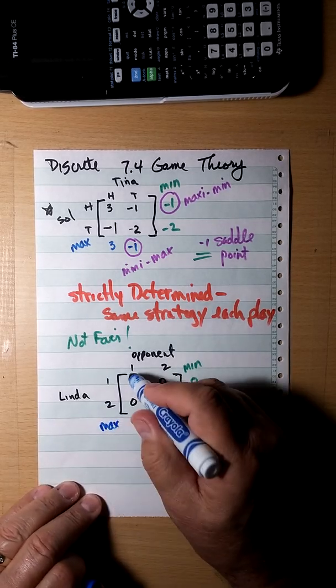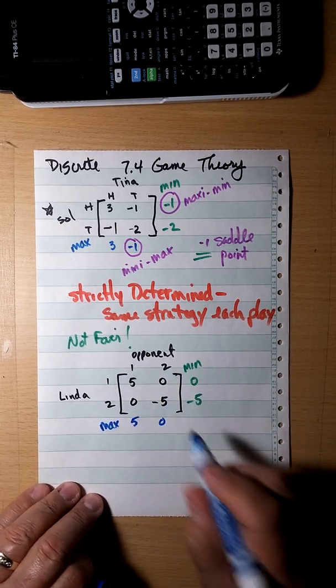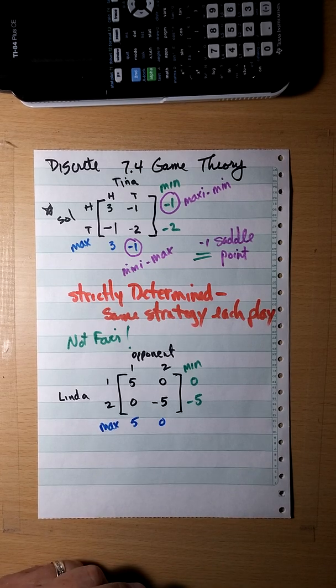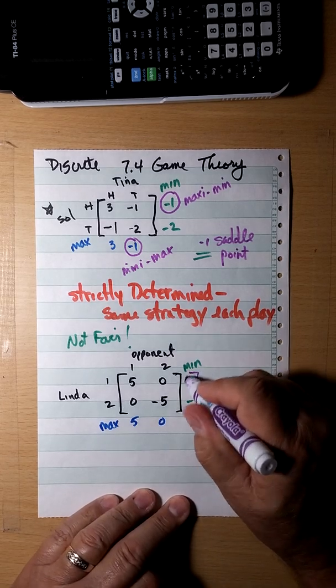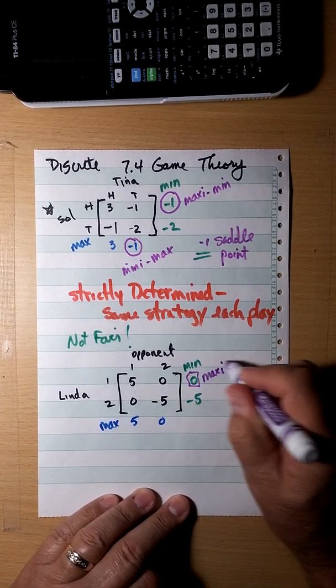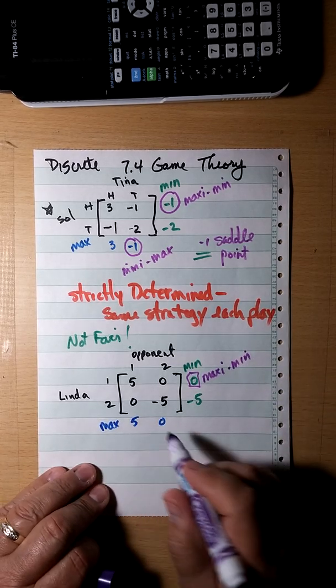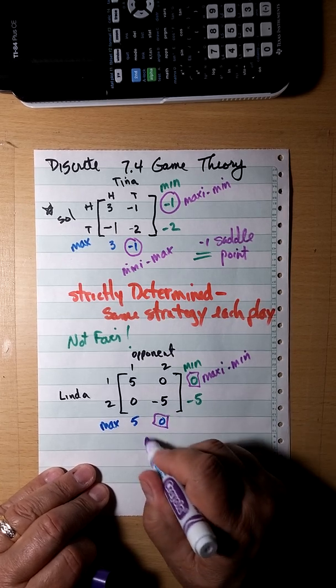The maximum is 5, and the maximum is 0, because a negative 5 would be worse. Okay, and now you want to know what is the maximin. The biggest min here is this. And what is the minimax? The smallest maximum is this.